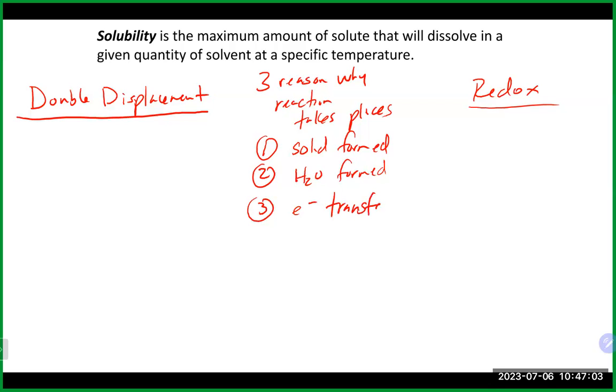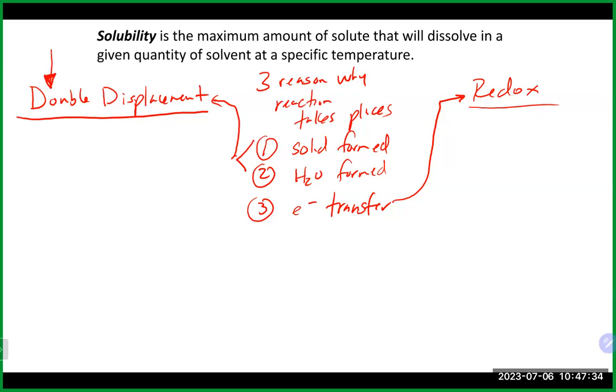Pretty much all chemical reactions break down to one of these three things happening. Double displacement reactions take care of pretty much those first two things, solids being formed and water being formed. Everybody else pretty much falls to the redox category, which is an electron being transferred. So we're going to first focus today on the double displacement reactions. Then later we will focus on redox.